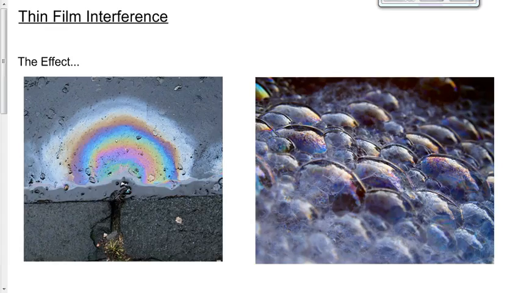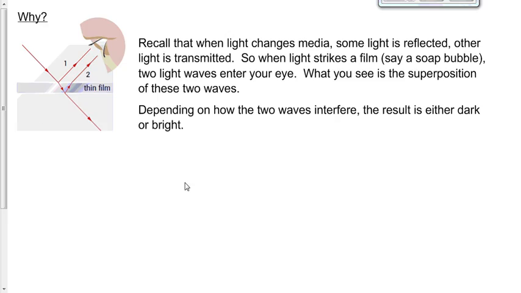Before we do that, let's go back and talk about reflection, transmission, and absorption. Remember those three things we talked about with waves that can happen. Today we want to talk about reflection and transmission. When light goes from one substance to another, some light is reflected and some is transmitted.